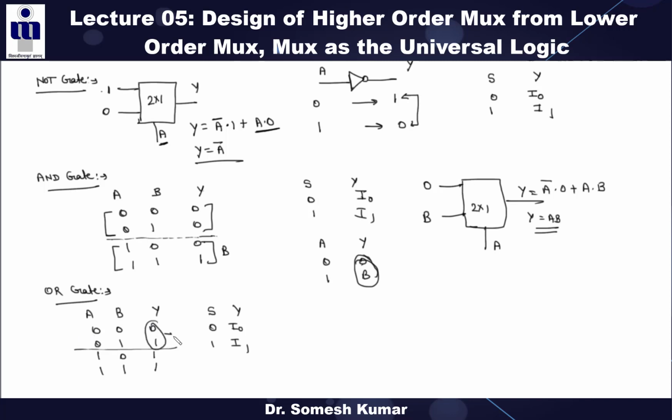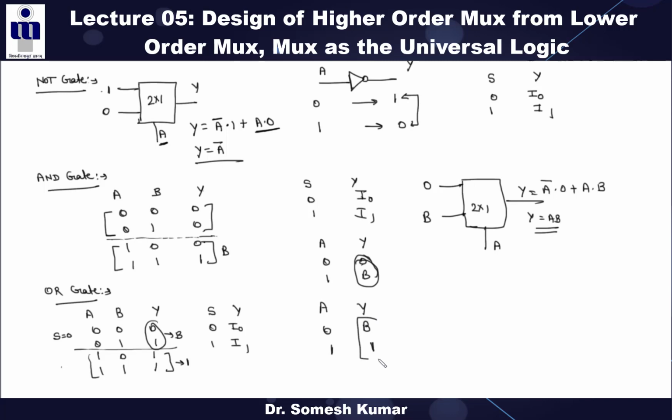Output is your B. If A is your select line and A is 1, what is the output? It is always 1. So in terms of A and Y, if A is 0, output is B. If A is 1, output is always 1.